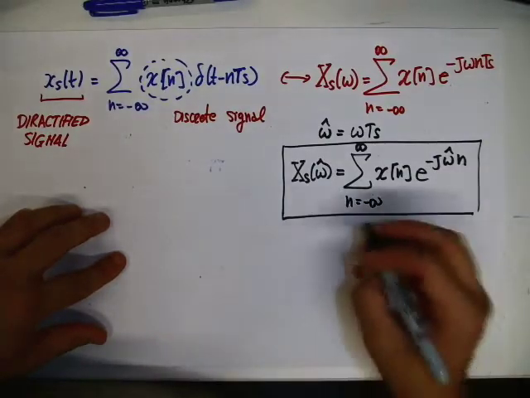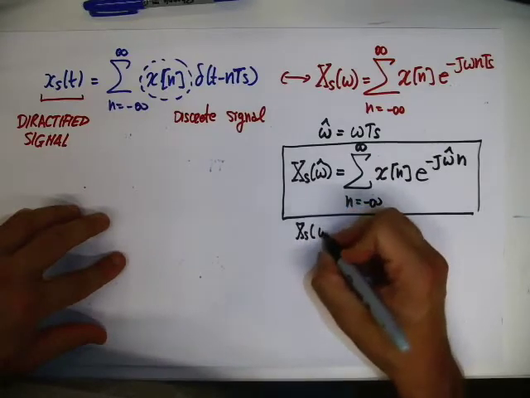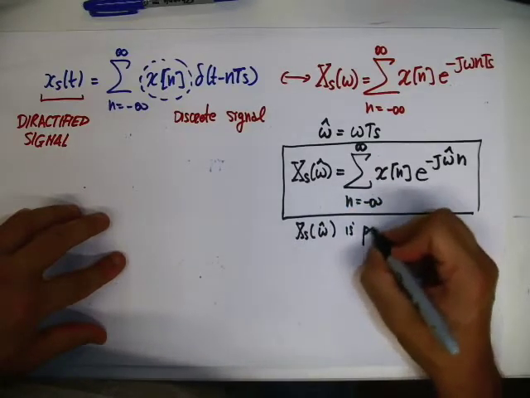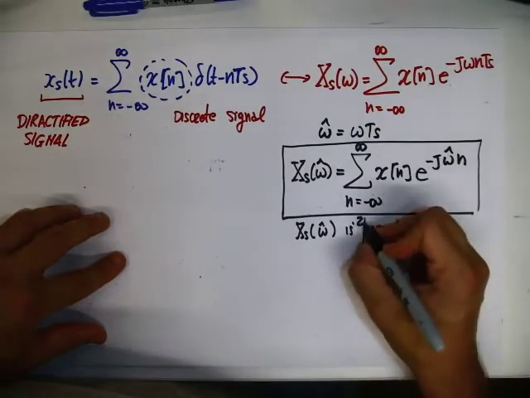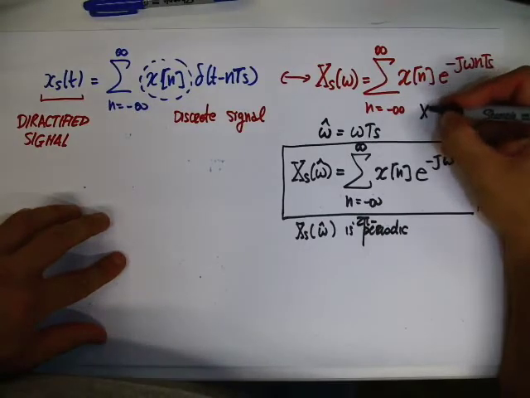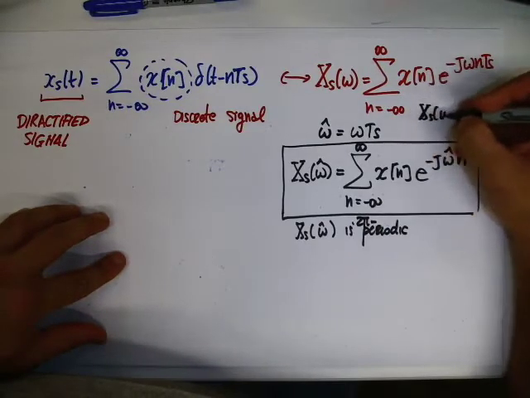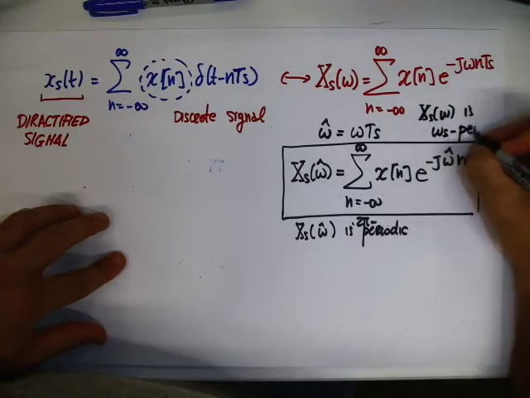And I remind you that the X sub s of omega hat is 2 pi periodic, or equivalently, this X s of omega is omega s periodic.